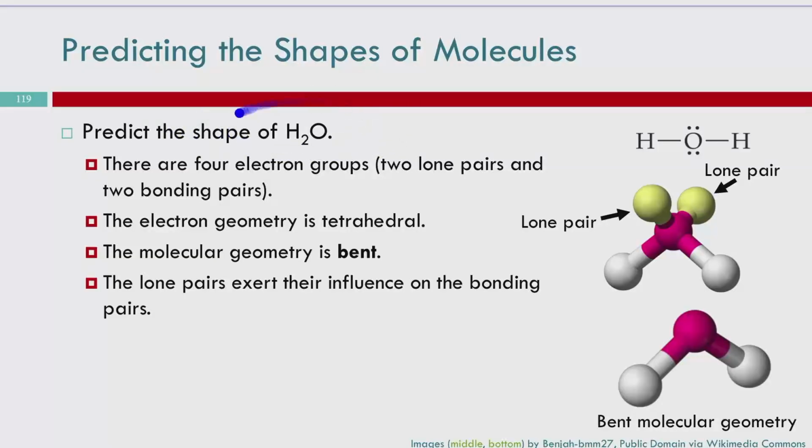Another shape, if we do H2O. H2O has 4 electron groups. It's got 2 bonds. It's got 2 lone pairs. Its electron geometry is going to be tetrahedral. Here we go again. Tetrahedral. All right, 4 groups. We're hitting our D4 shape. 2 of those groups are lone pairs, and so we get rid of them. And then what would the shape of my legs be?